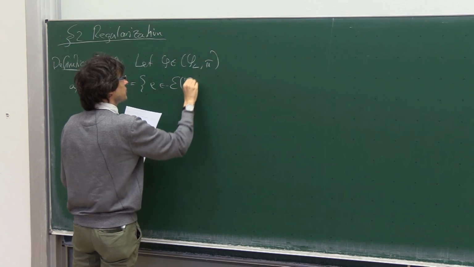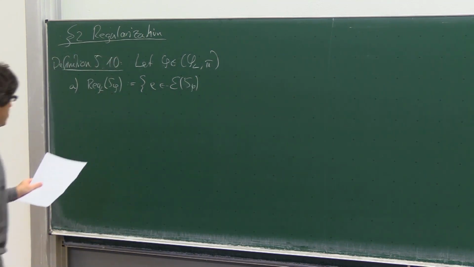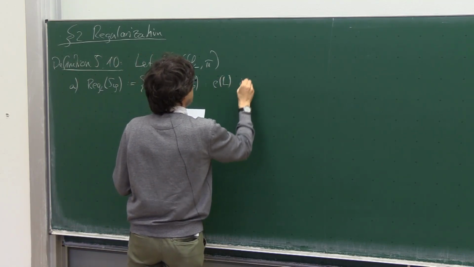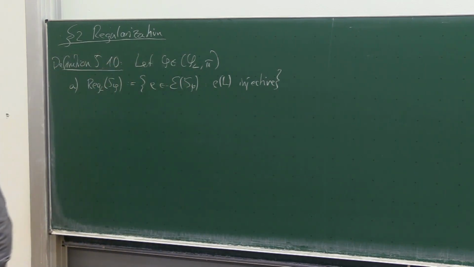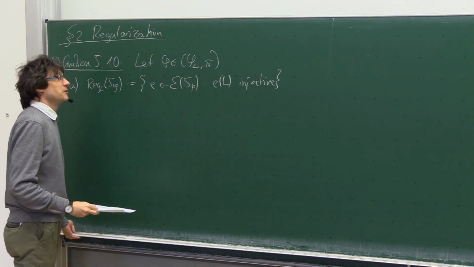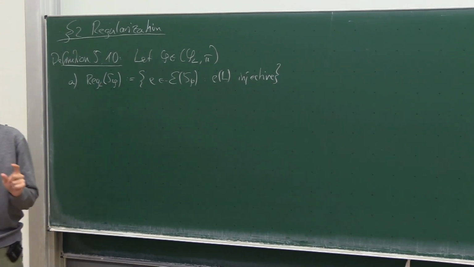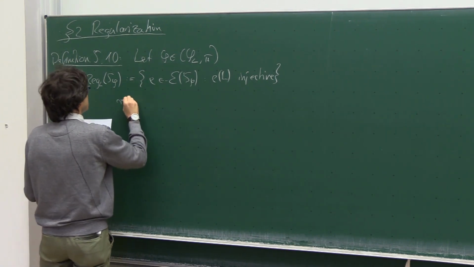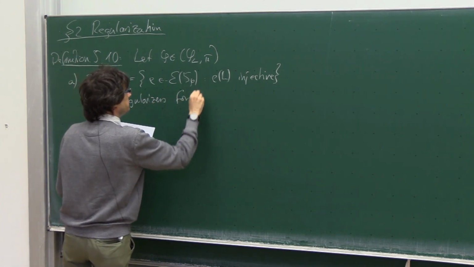For all these functions, we know how to define E of L. And a regularizer is a function where this operator E of L is injective. If you do not see at the moment where this leads, we will see in a minute why these injective elements are interesting and important. These are called regularizers for L.